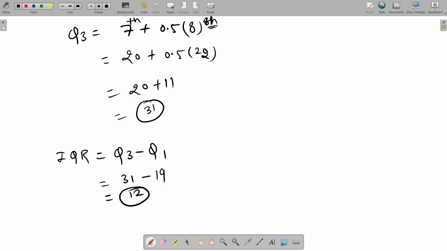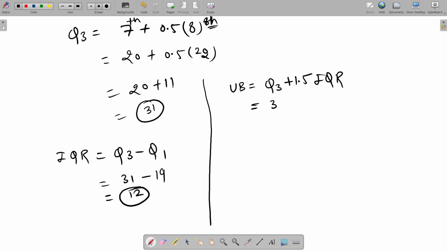Once we calculate the interquartile range, then we will calculate our upper limit. Upper limit means upper bound, lower limit means lower bound. For the calculation of the upper limit we have one formula: Q3 plus 1.5 times the interquartile range. Why we are taking 1.5, I will explain later. So just focus here. Q3 is 31 plus 1.5 times IQR.